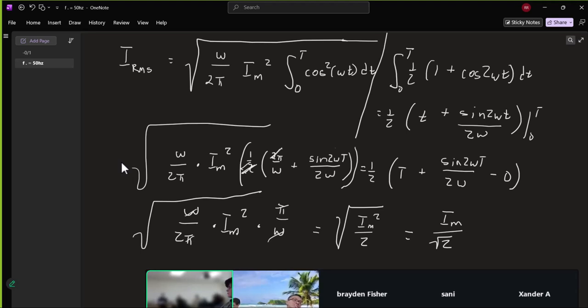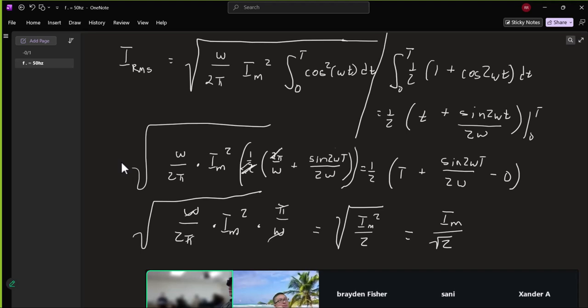Just a math question. So the reason when in the previous thing we had defined I RMS equal to the square root of 1 over T and then the integral, the reason that we don't run into issues with the 1 over T being undefined when you actually evaluate that is because it can be expressed as omega over 2 pi.